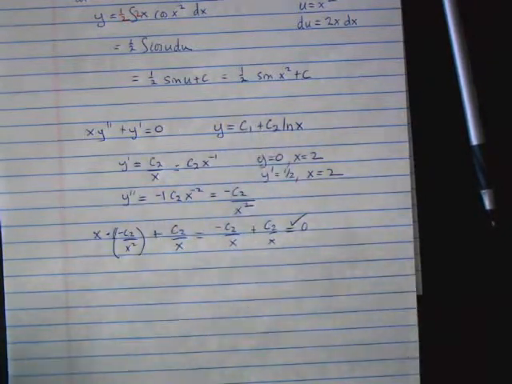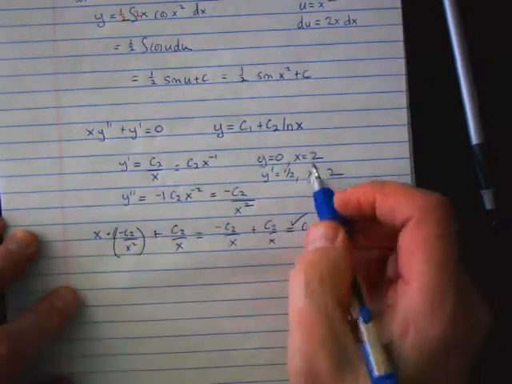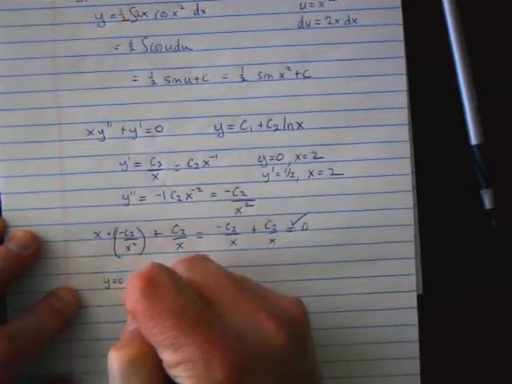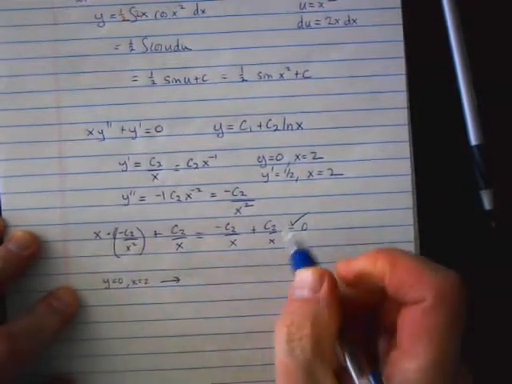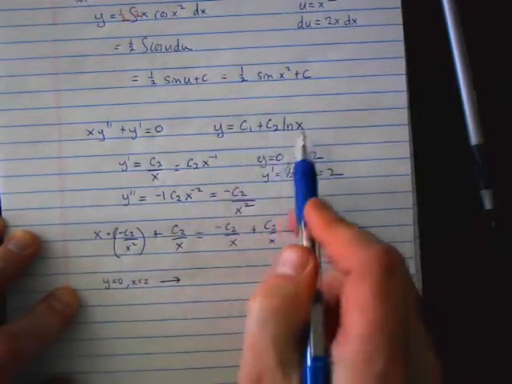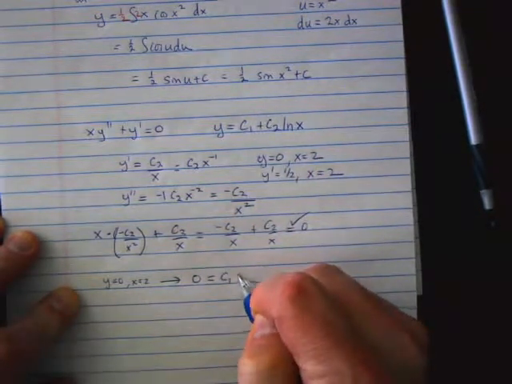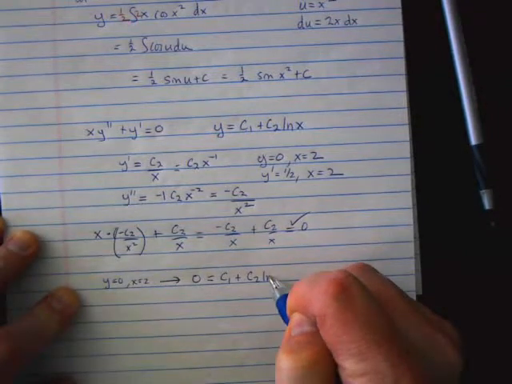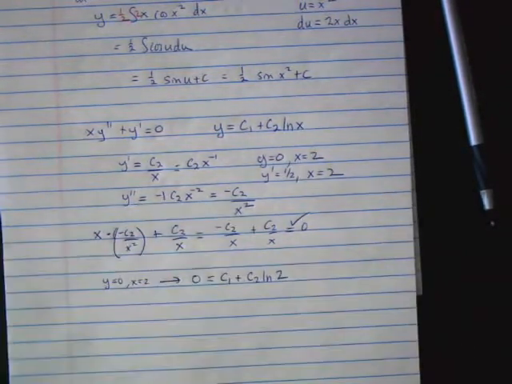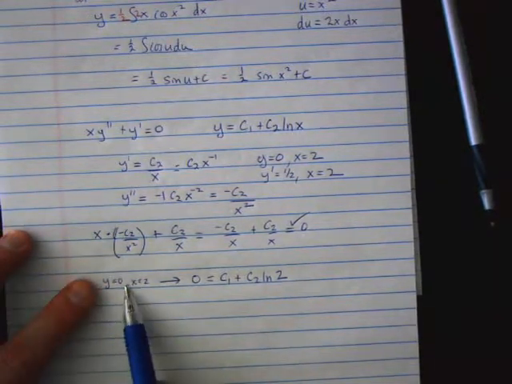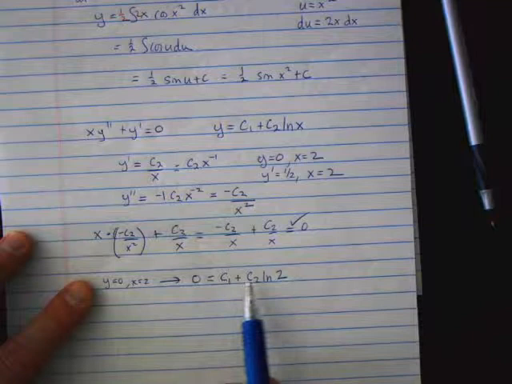All right, so if I plug in the first condition, y equals 0, x equals 2, I'm just going to plug that into this original equation. I get 0 equals c1 plus c2 ln 2. And it's exactly what Charles said. If you only had one initial condition, you'd have one equation with two variables.